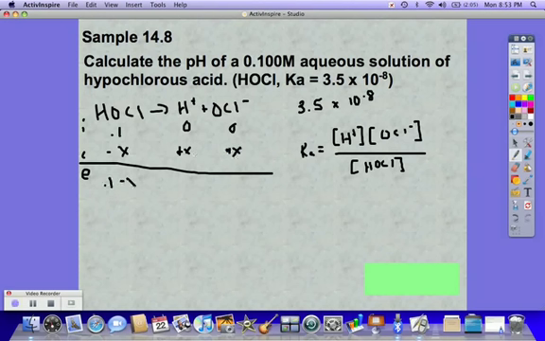So 0.1 minus x, x, x. Plugging it into our Ka expression. Again, we can ignore minus x.